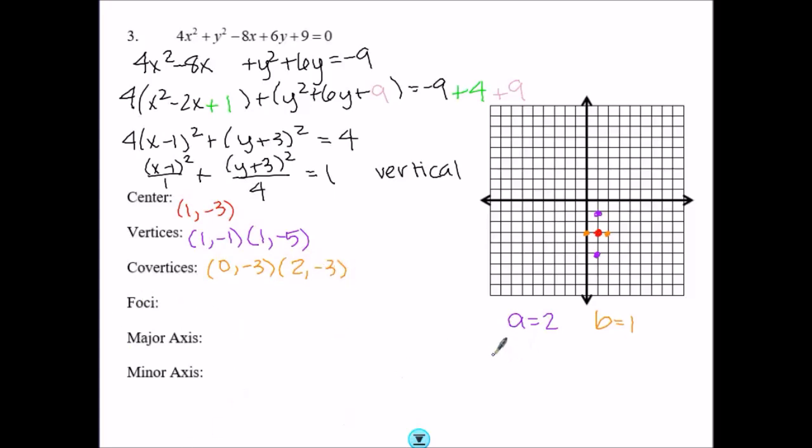The foci are c units from the center. So c is going to be the square root of 4 minus 1, which is the square root of 3. The square root of 3 is approximately 1.7. So our foci will be approximately 1.7 from the center.